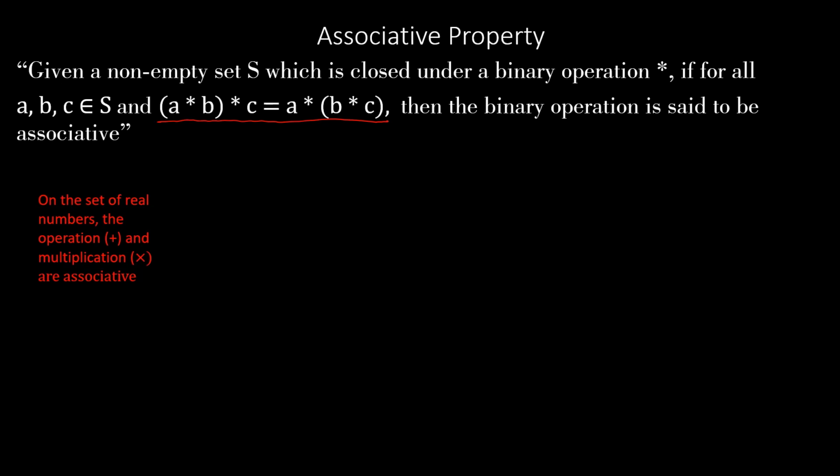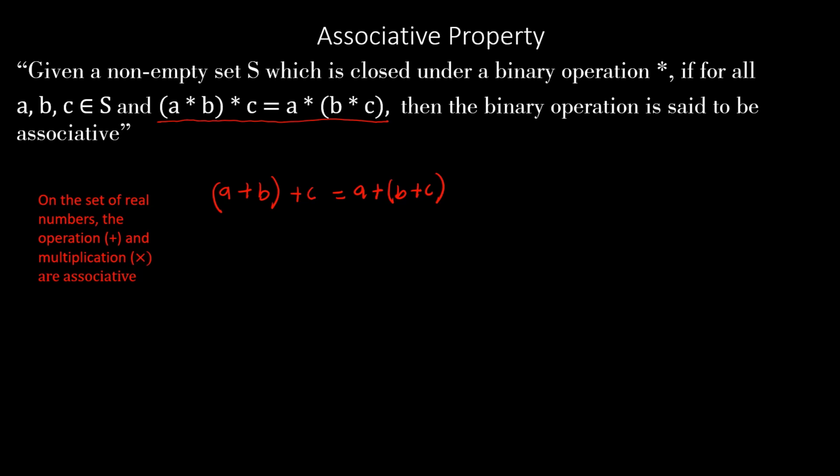Under the operation addition, if you have (A + B) + C, this is also going to give us A + (B + C). So we are going to have the same answer.